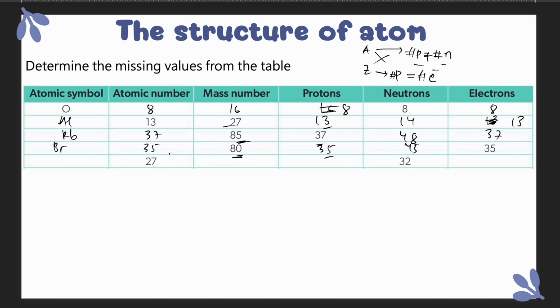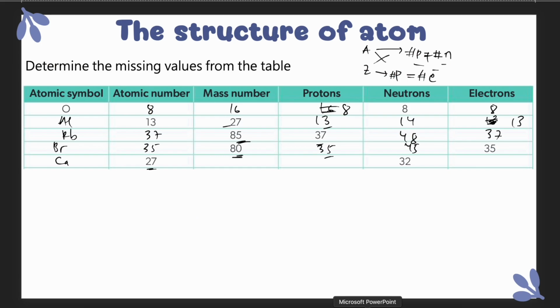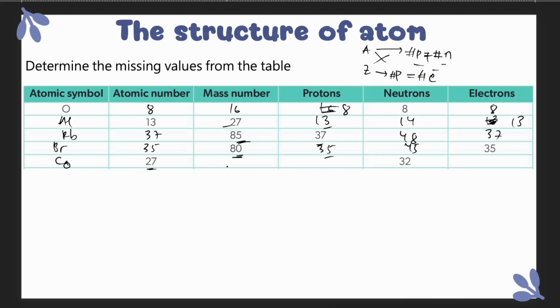And next, atomic number 27, it's cobalt. So Co, and mass number is 59. Protons are the same as the atomic number, and electrons also the same as the atomic number or protons.